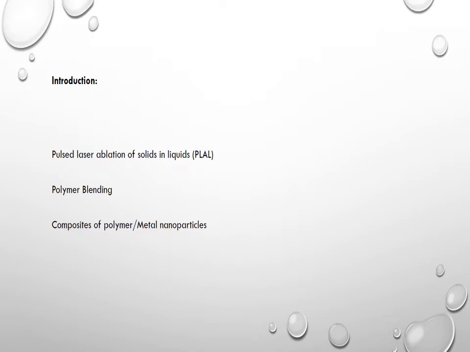Polymer blending is considered one of the best methods for creating polymeric materials and producing products with various characteristics. Composites of polymer with metal nanoparticles are currently of interest for producing new products with characteristics that show advantages in terms of electrical, mechanical, and microstructure applications.